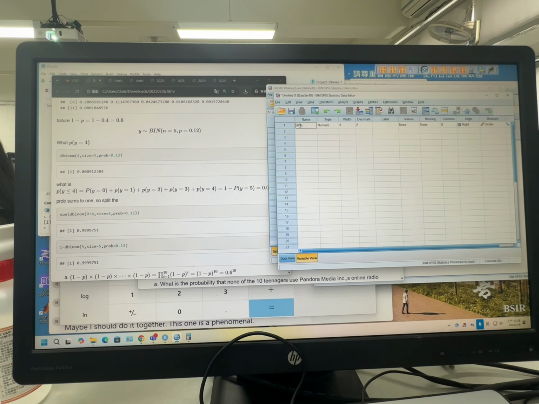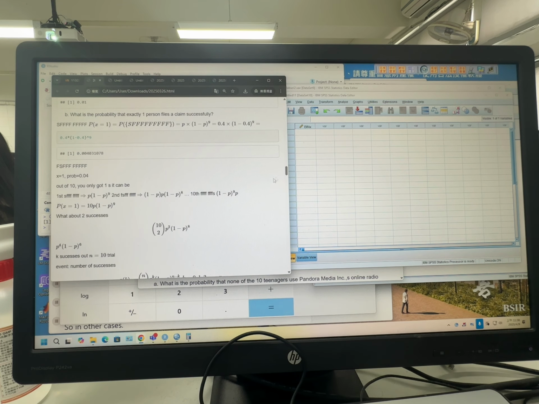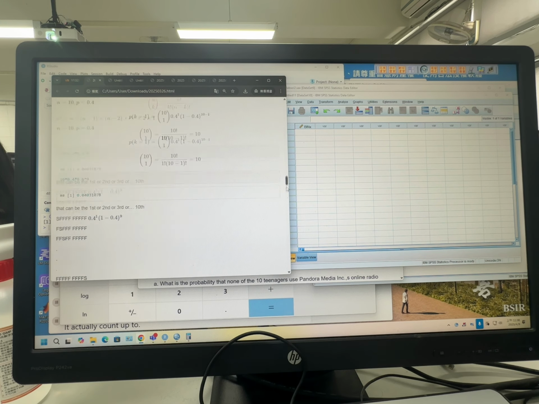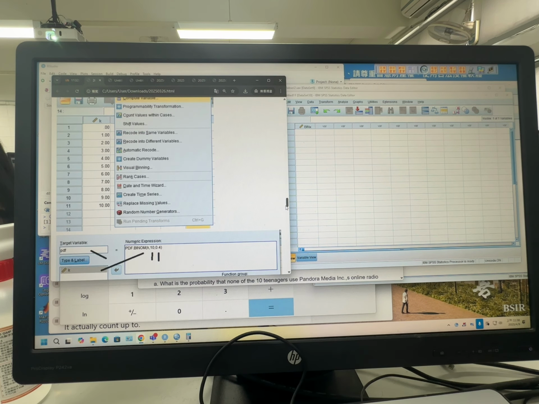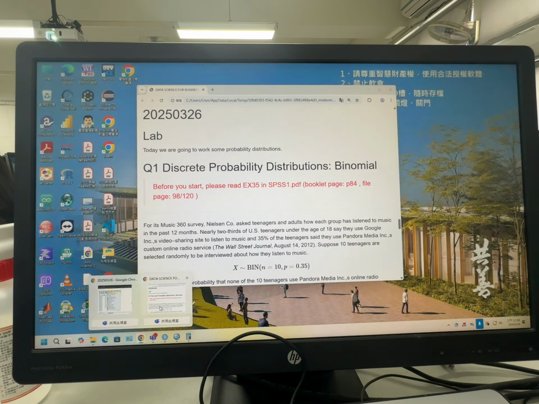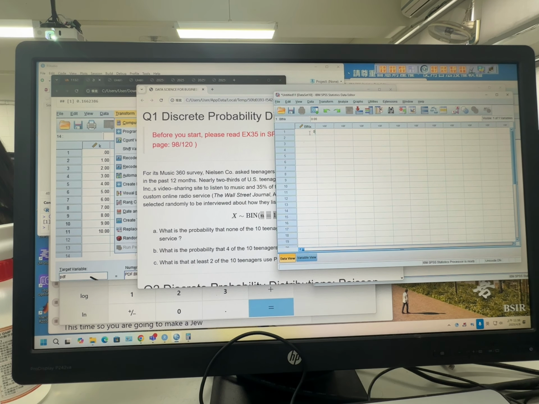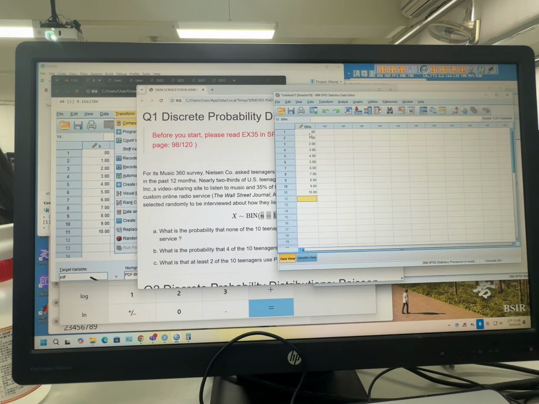In these cases, it actually counts up to n, and here n is 10. So you are going to use this to make 0, 1, 2, 3, 4, 5, 6, 7, 8, 9, 10.